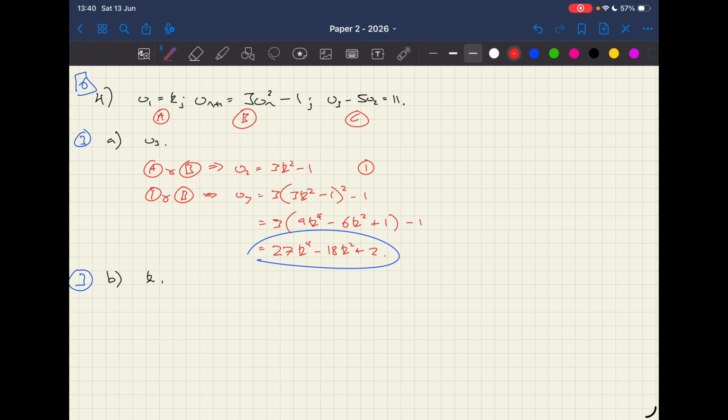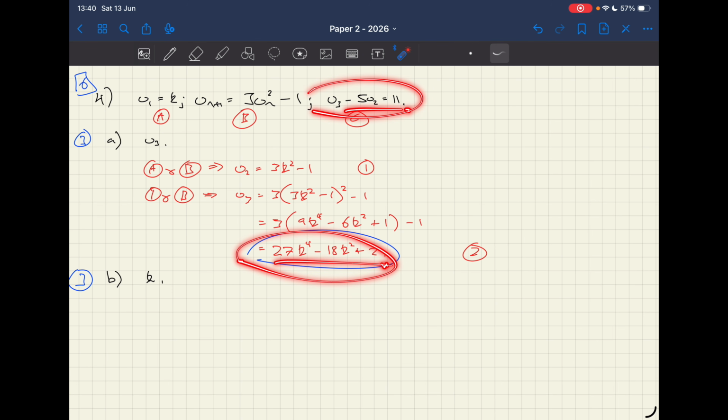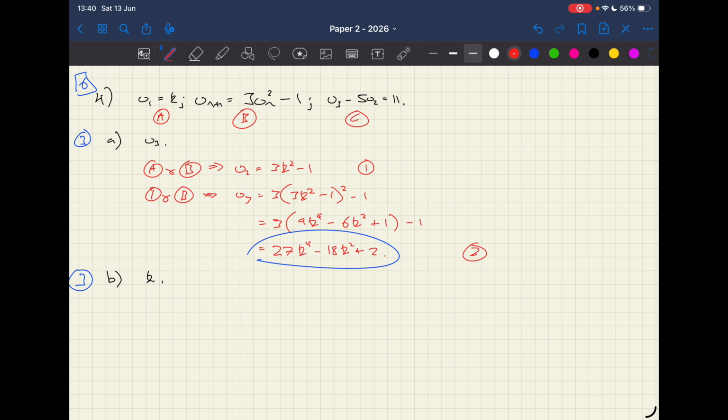Lovely, that looks good. What do we need for finding k then? Well, let's label our old fact that we just found fact number 2. We're going to take that fact, the expression for the third term, along with the expression for the second term, fact number 1, and use them all to find k. So we need u2, which is fact number 1, and we're going to need u3, which is fact number 2.